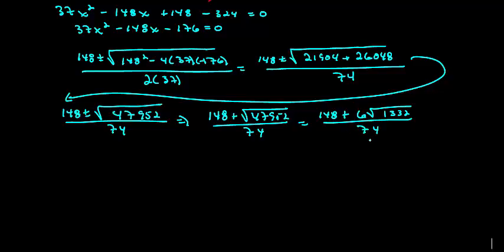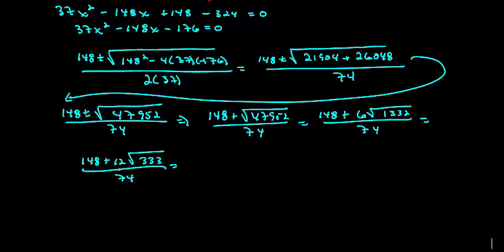So let's see if that guy is divisible by anything else. That's nice. Well, it's divisible by 4 again, so I can get another 2 out. So 148 plus 12 times the square root of 333 over 74. And 333 is divisible by 3 and 111, and 111 is not a perfect square. So that's as far as this guy's going to go.